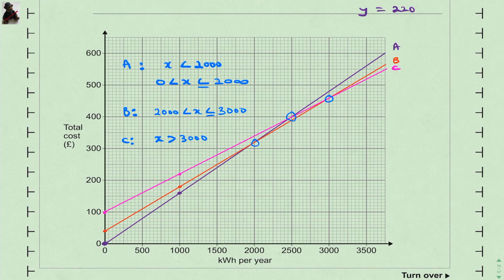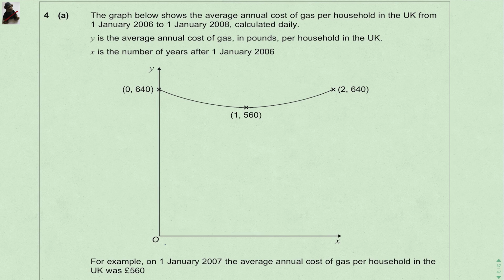So we could say between 3,000 less than x or less or equal to 4,000. So that's tariff C. Right, so those are the advice to give to Anna.